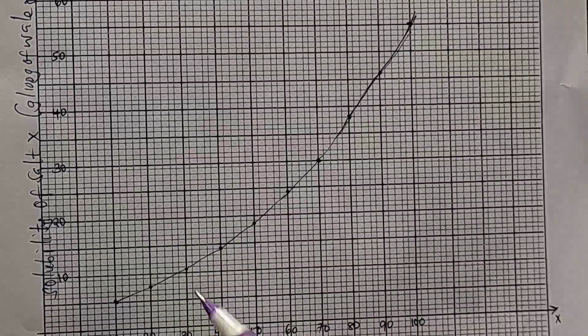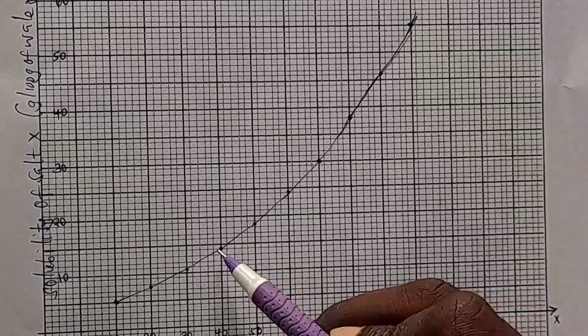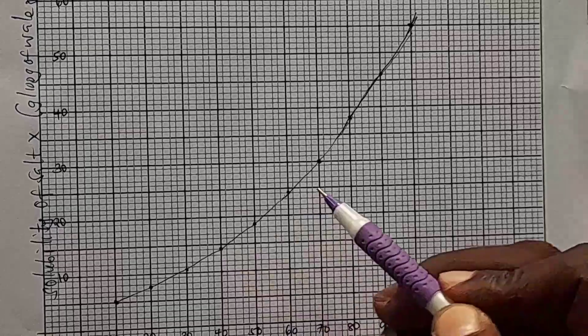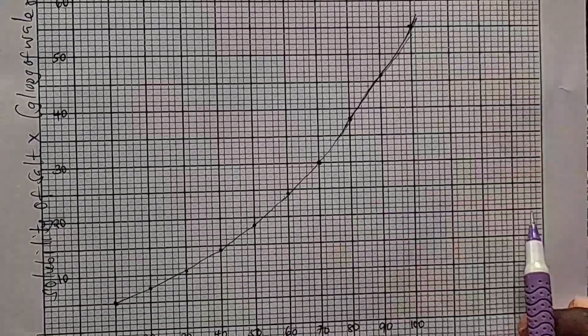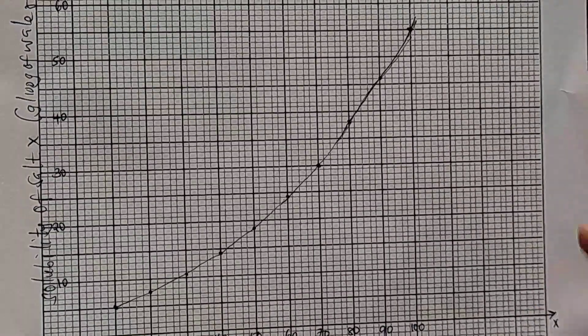When it's 30, we have 10.5. Then when it is 40, we have 14.0. So you check, we have plotted the points, and next, we have drawn the curve.